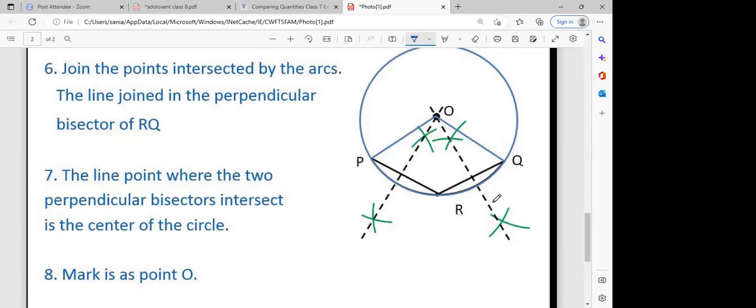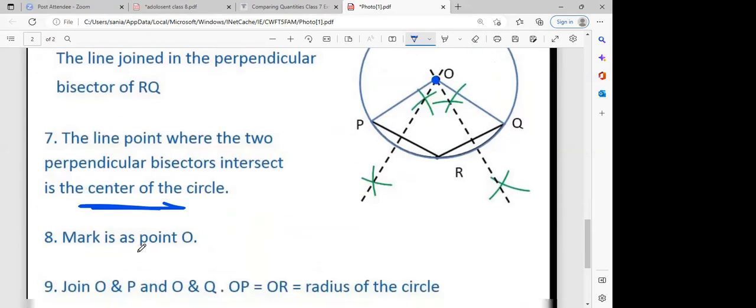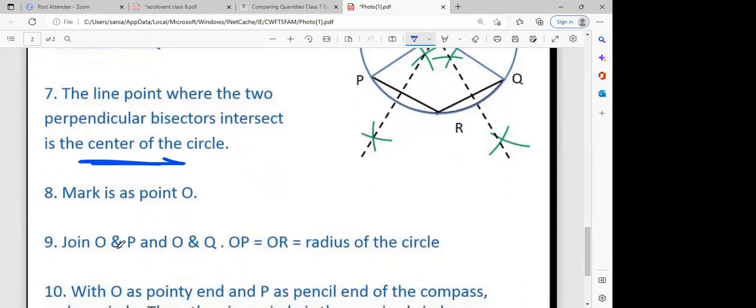Clear? Yes, ma'am. And then join the points intersected by the arcs, which gives the perpendicular bisector of RQ. The point where the two perpendicular bisectors intersect is the center of the circle. So where these perpendicular bisectors intersect, this point is your center. Mark it as point O and join OP.